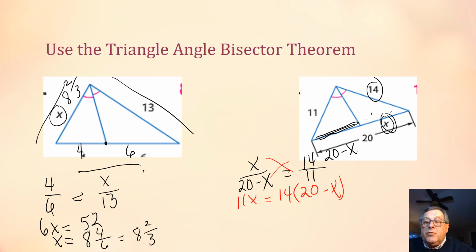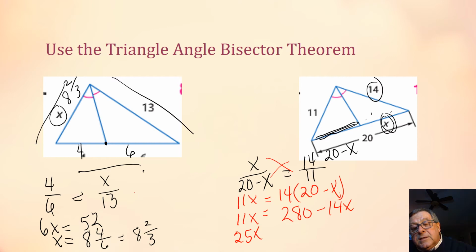When we do, we get 11x equals 14 times 20 minus x. Now we need to distribute the 14 to the 20 minus x, and we get 11x equals 14 times 20, which is 280, minus 14x. Let's add 14x to both sides to get all of our variables on the left. When we do, we get 25x equals 280.